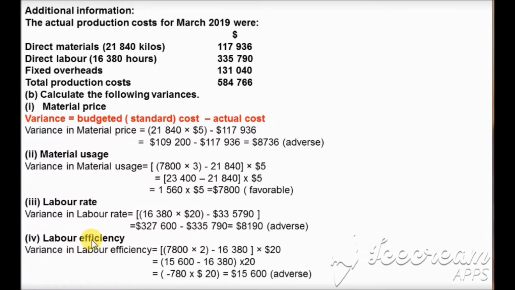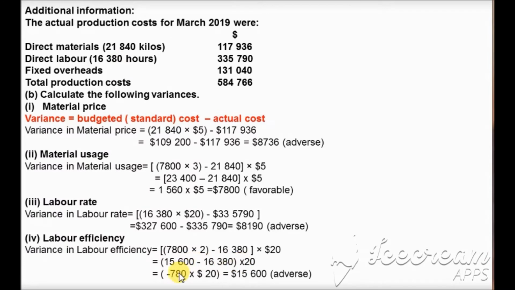Then labor efficiency. Variance in labor efficiency is equal to 7,800, which was the units produced, times 2, that is the number of labor hours required for producing one product. We'll get the total labor hours based on the budgeted estimation as 15,600 hours, whereas the actual labor hours required was 16,380 hours.